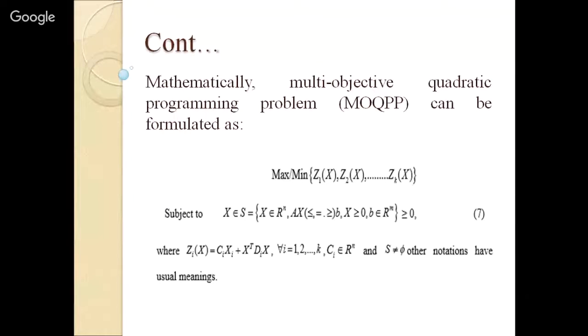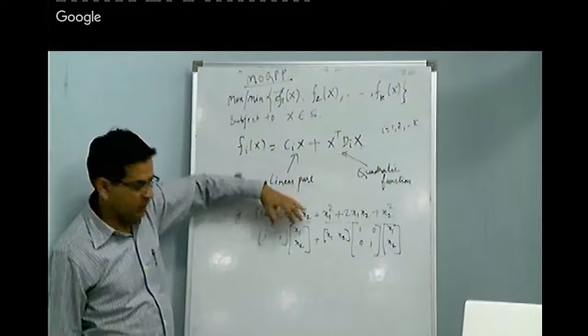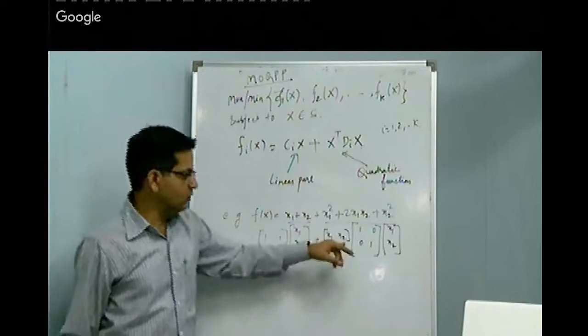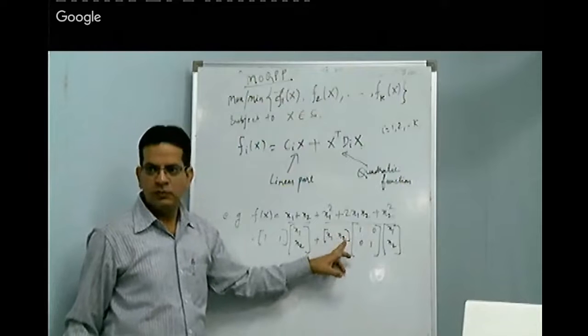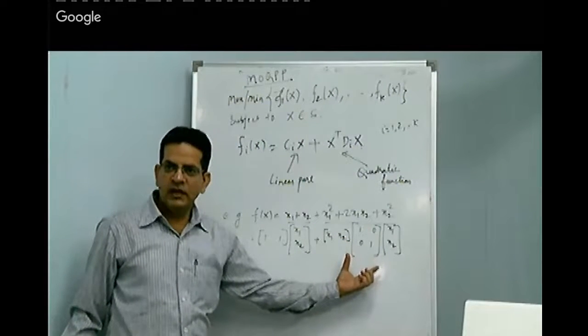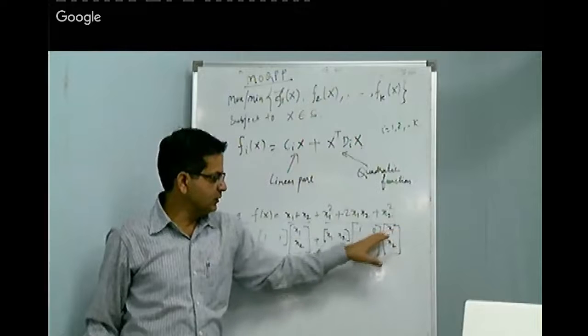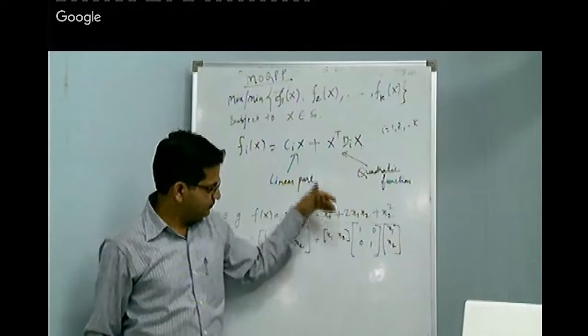This is your x1 plus x2, x1 plus x2, and this is your quadratic part. x1 plus x2 we can write in matrix form as 1 1 multiplied by the column matrix, so when we multiply them, x1 plus x2 will be there. This is the quadratic format, which we have written in matrix format as x1 x2 and this is the unit matrix, and this is your column. When we multiply them it will be x1 and then x2.